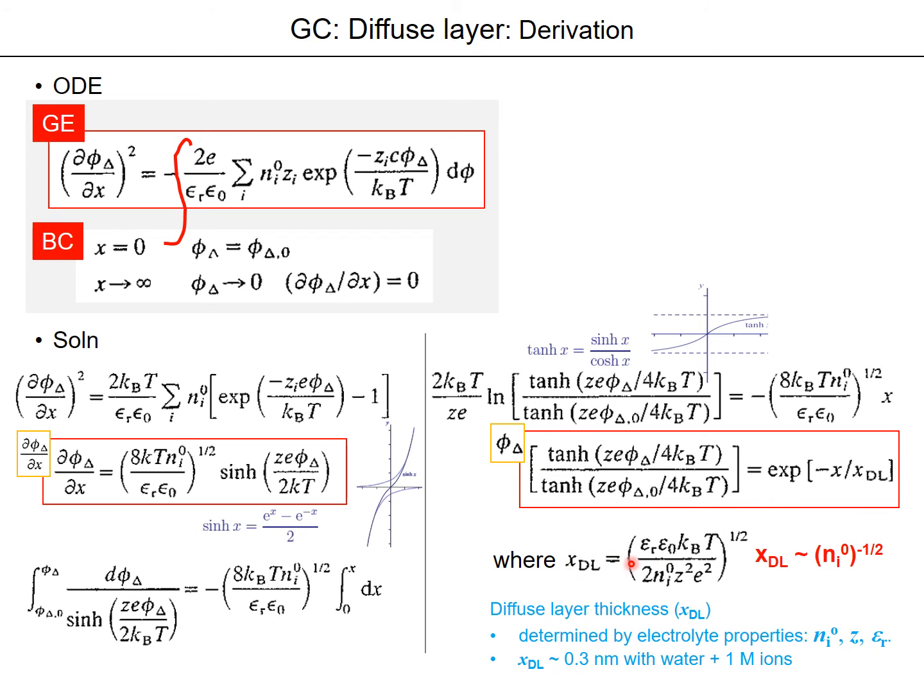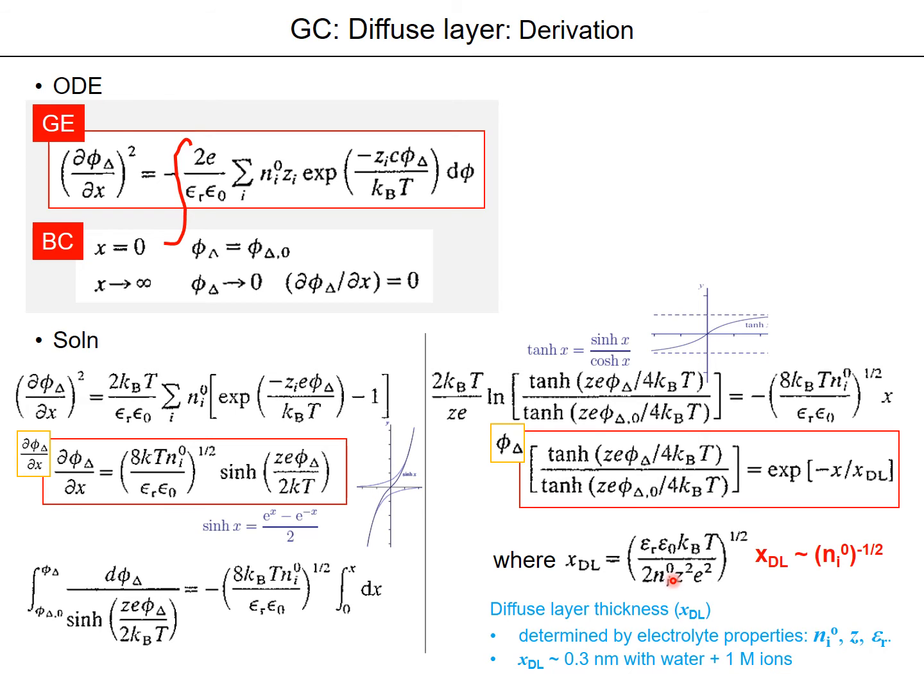XDL can be described by several parameters and constants. So let me check some parameters. The relative permittivity, which is the property of your electrolyte. Temperature and constants. And the numerical concentration of species i in the bulk electrolyte, which is also a property of species i.